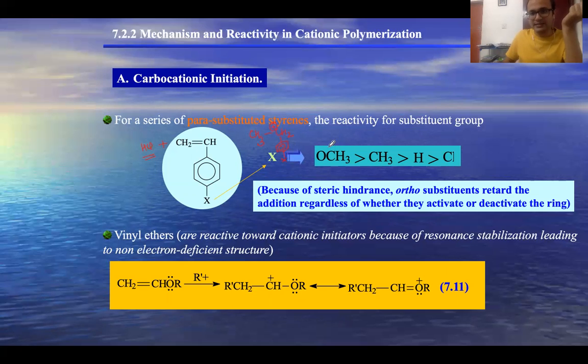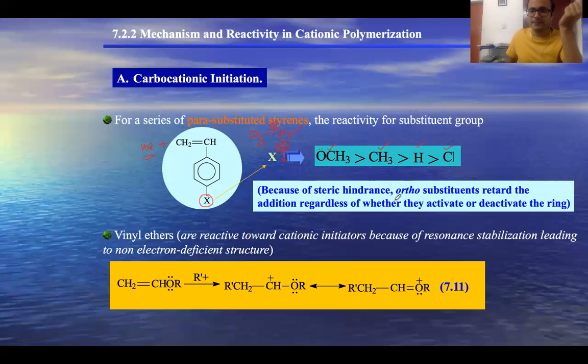So this anisole, that is this particular group with the lone pair, can participate in resonance stabilization and thereby stabilize this carbocation quite effectively, in comparison to CH3, H or Cl, which are electron withdrawing and don't much stabilize the carbocation. So here you can see how electron donating substituents enhance the cationic polymerization.